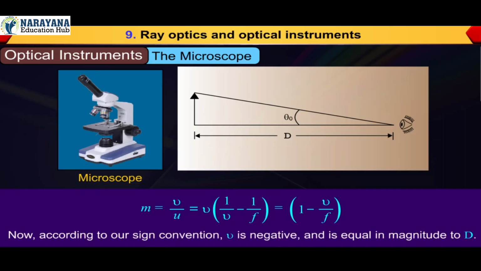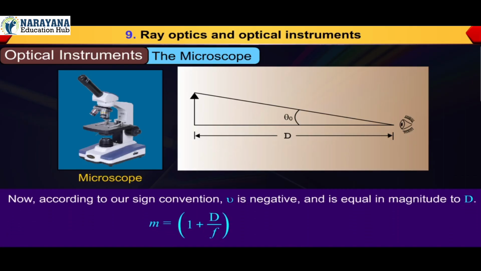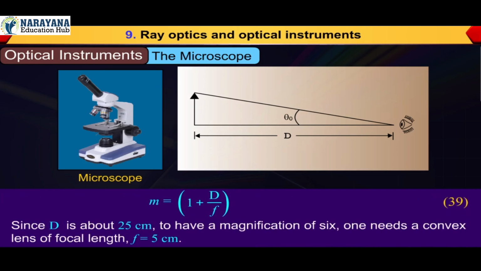Now, according to our sign convention, v is negative and is equal in magnitude to d. Thus, the magnification is m = 1 + d/f, equation 39. Since d is about 25 cm, to have a magnification of 6, one needs a convex lens of focal length f = 5 cm.